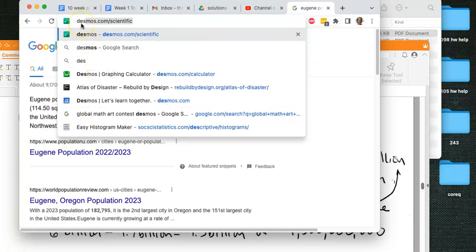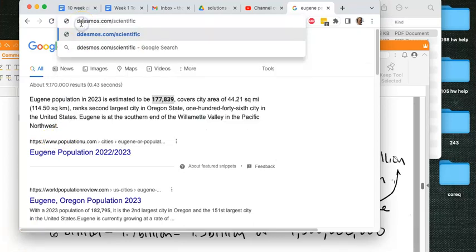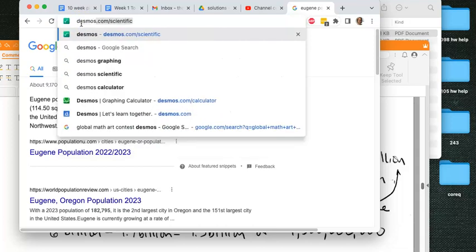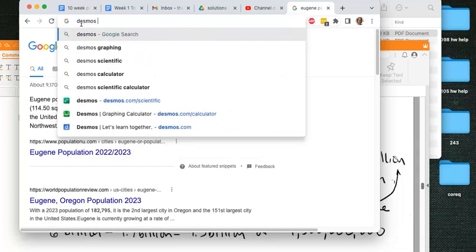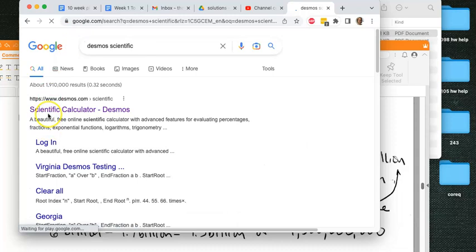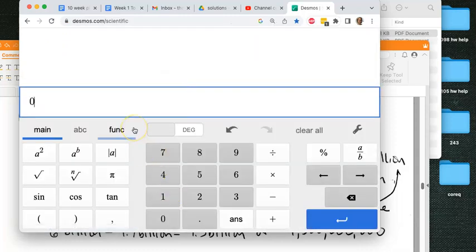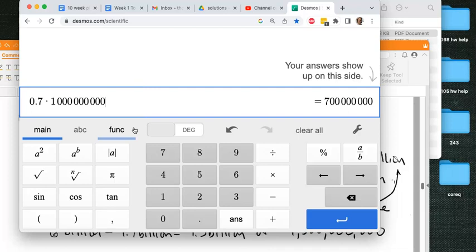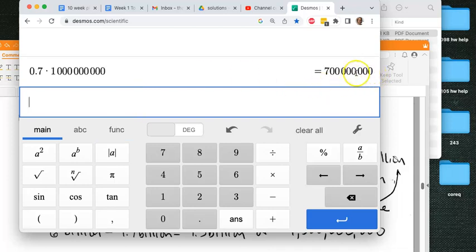So one of the calculators I like is desmos.com/scientific, or you could just do a Desmos scientific search and then go to this calculator. And if I type 0.7 times 1 billion, 9 zeros, enter, sure enough, that is the same thing as 700 million. So that's just to prove my point that 0.7 times a billion is 700 million.